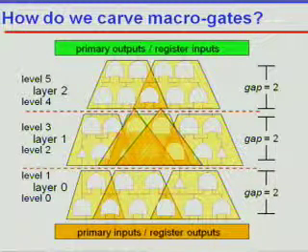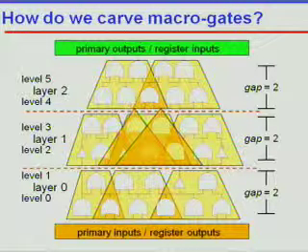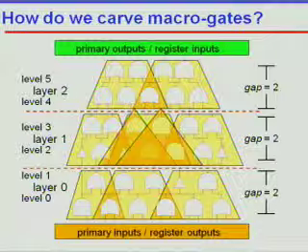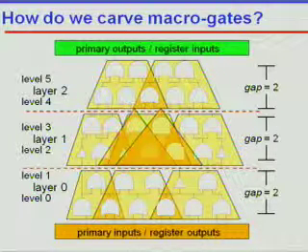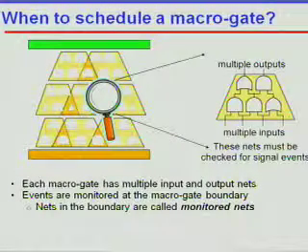And then as you can see in the middle, there are cones. Each cone has only one output, and then we merge the cones into macro gates. Each macro gate has multiple inputs and outputs, not like a gate, but they are very similar.